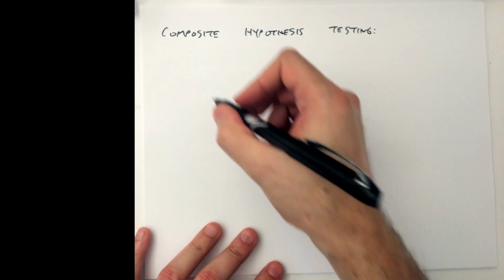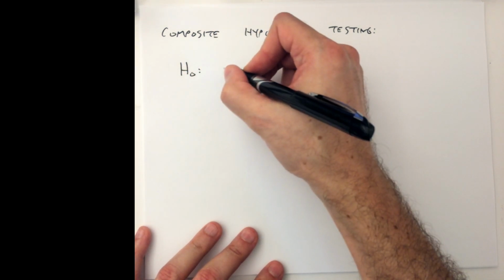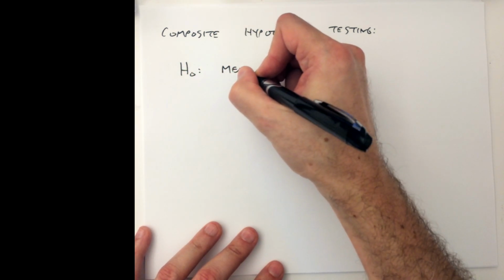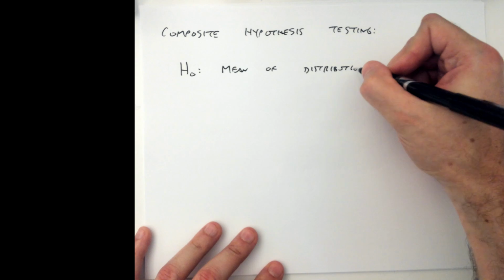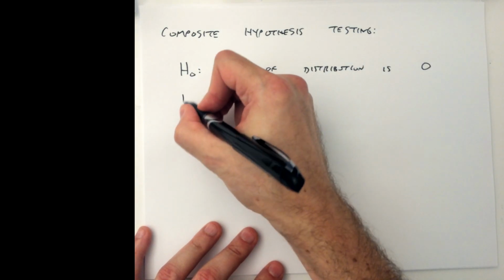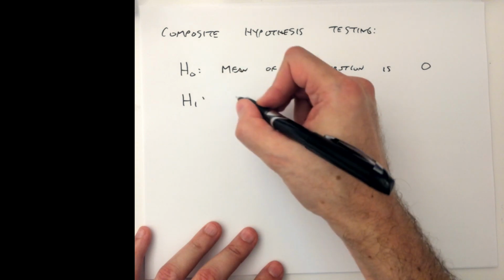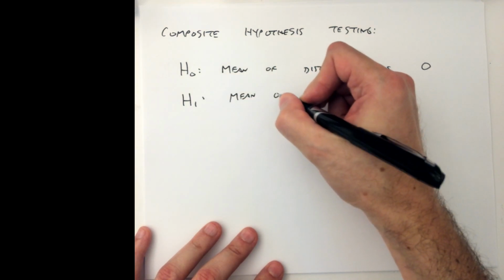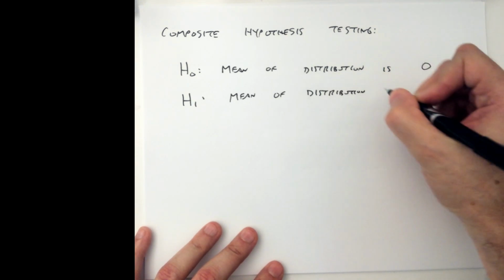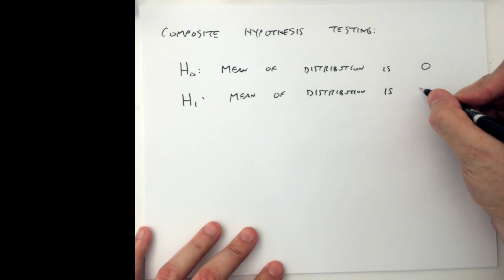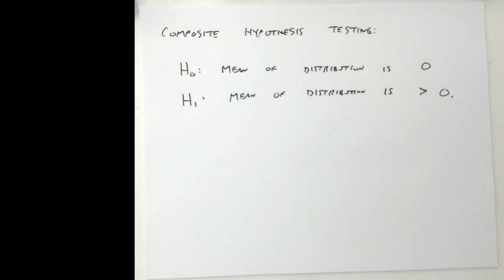That's like saying, under one hypothesis, the mean of my distribution is 0, and under the other hypothesis, the mean of the distribution is greater than 0, right? So it's like saying, I don't know exactly what the PDF is in the second case. I just know it's not 0. It's bigger than 0, right?